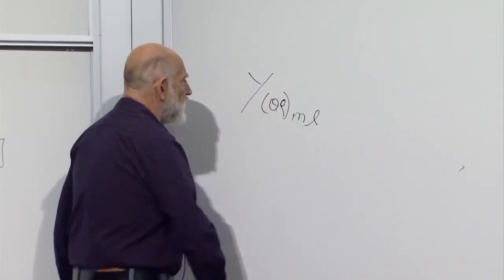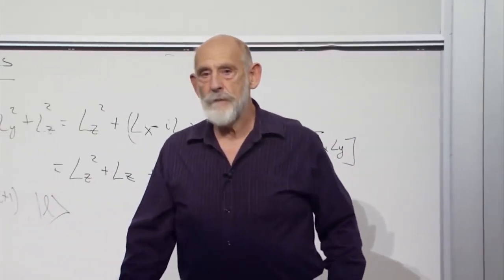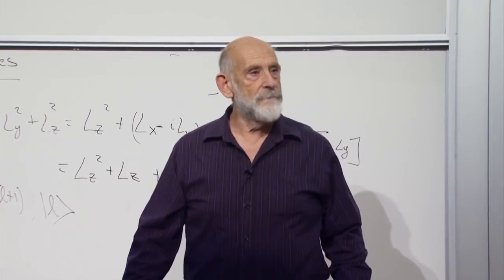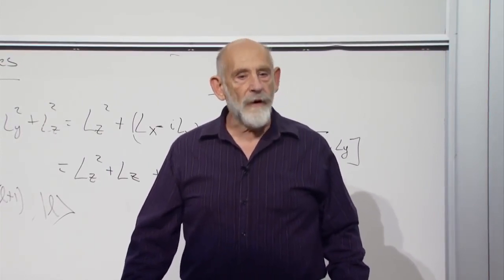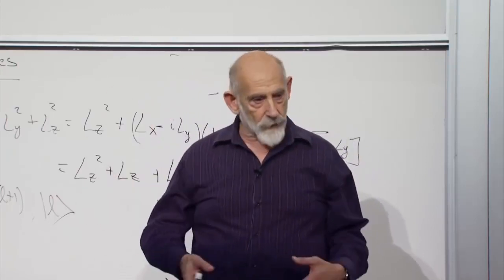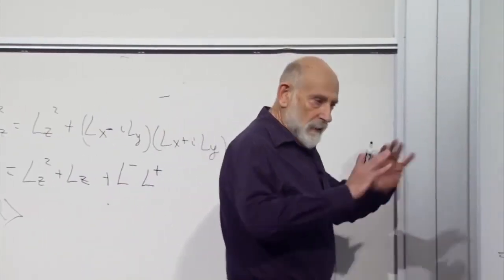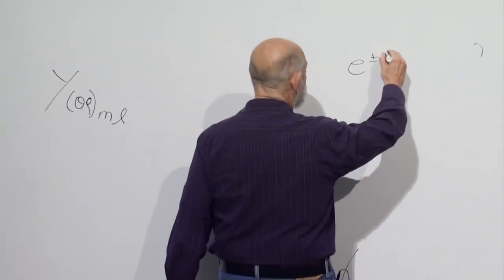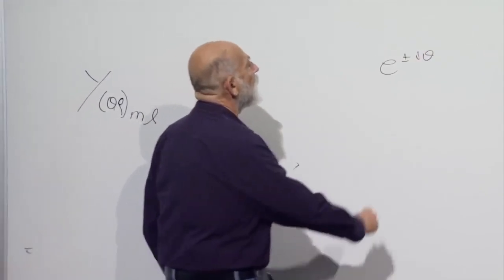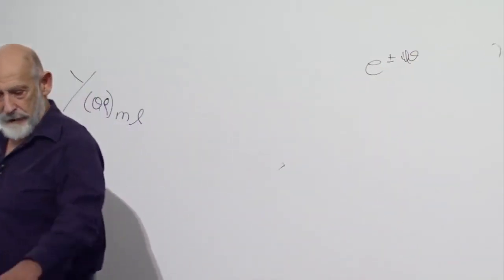You know what these things are called? YLMs of theta and phi? Spherical harmonics. They're functions on a unit sphere, functions of theta and phi, and they're the analogs on the sphere of e to the plus or minus i L theta.